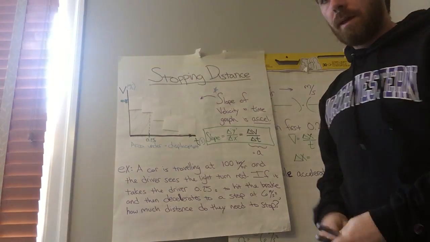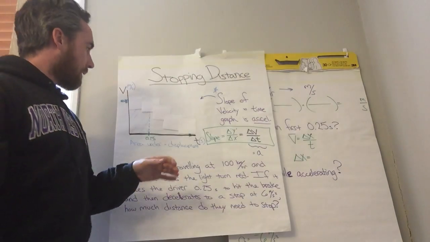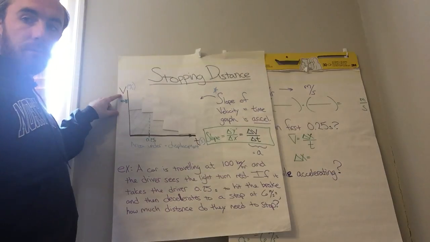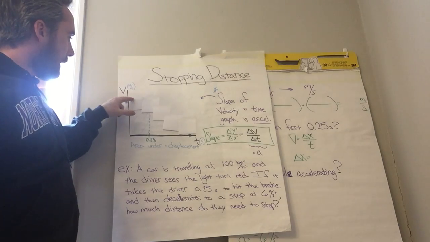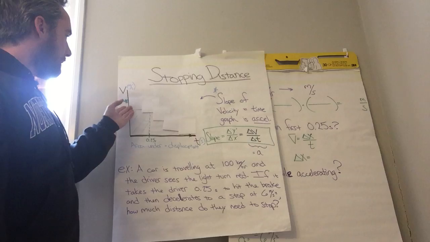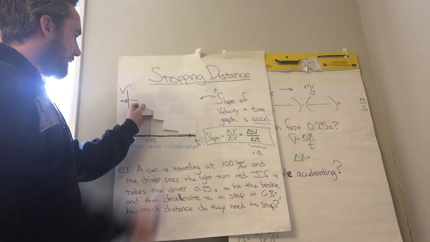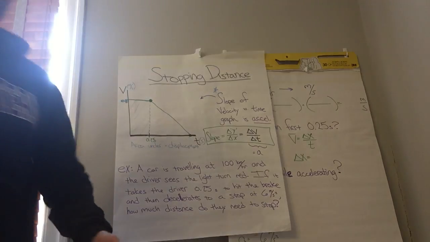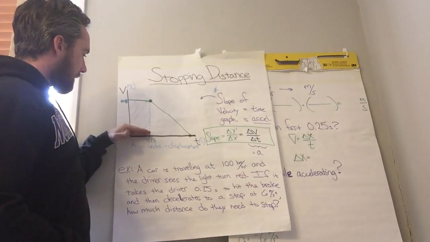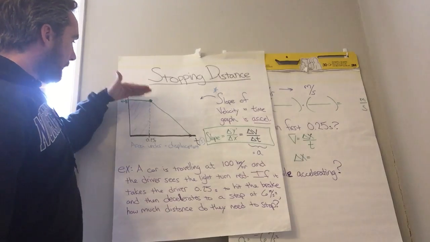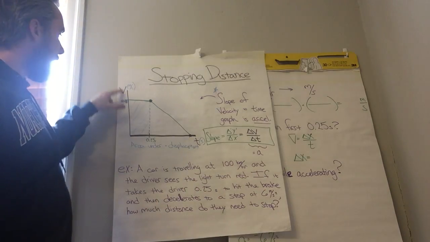Alright, so if we're graphing position up here, not velocity, then a horizontal line means the position is not changing, so you're not moving. But in a velocity versus time graph, a horizontal line, as long as it's not at the x-axis, means that the velocity is not changing.